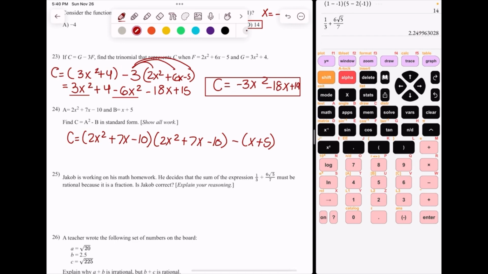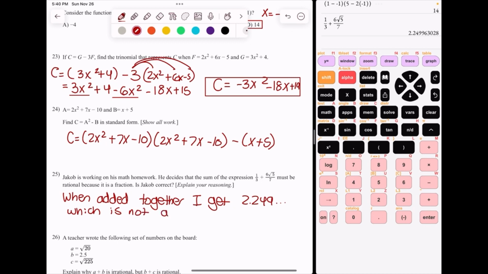When added together, I get 2.249 ... which is not a fraction. So Jacob is not correct. This is irrational.